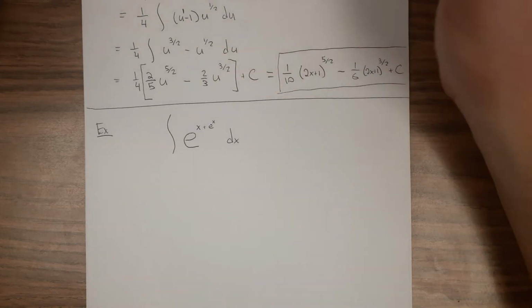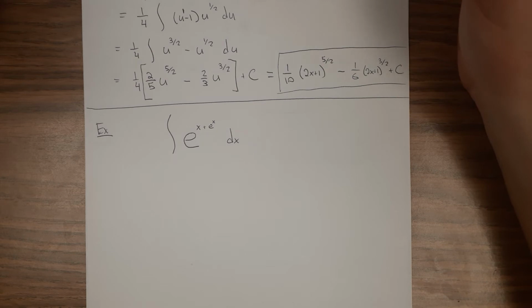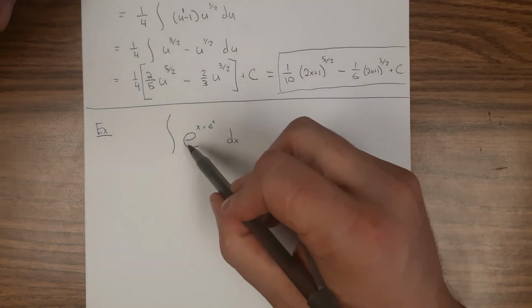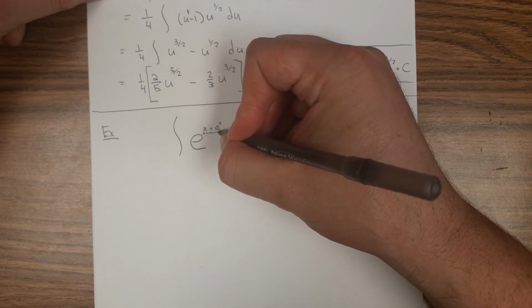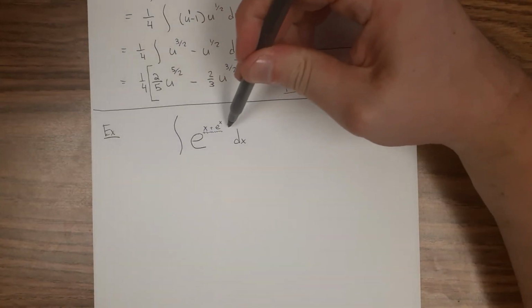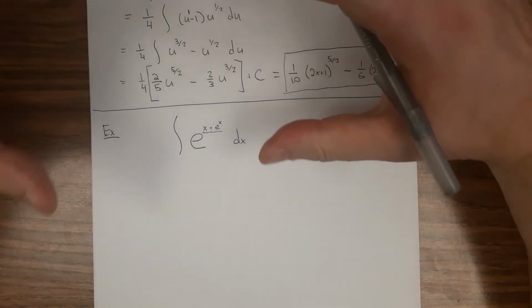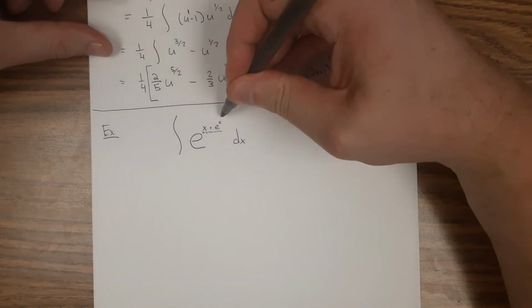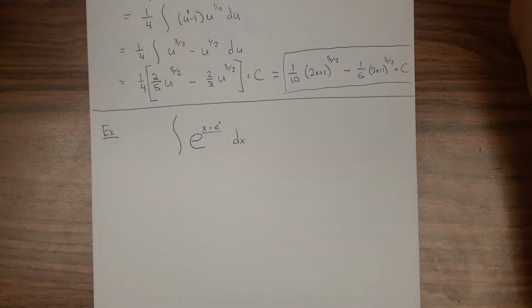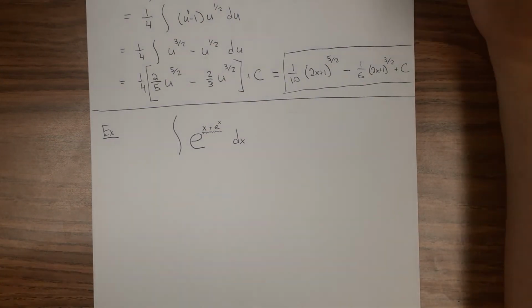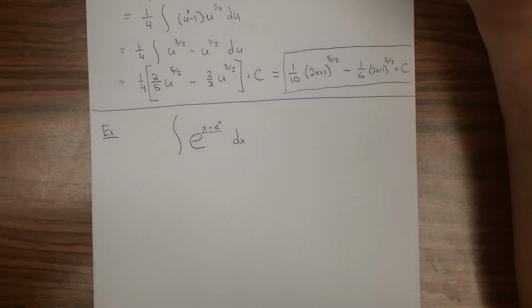I see what I would consider a composite function. I see e to this power, and this is all up in the power. Like x plus e to the x is all in the power, and I'm raising e to all of that. It looks weird, right? There's an exponent inside of an exponent, but it is what it is.